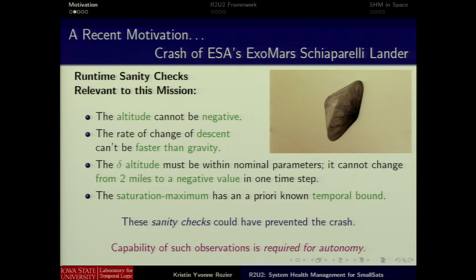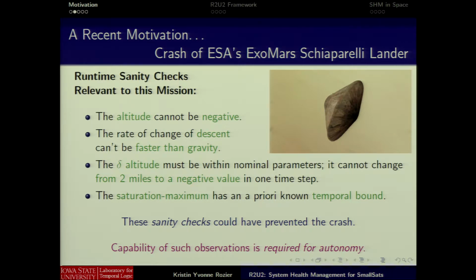Relatedly, we can say also that the delta, or change in altitude, must be within some kind of nominal parameter. So you can't go from 2 miles above the planet's surface to underground in one time step. Again, it's highly probabilistically unlikely that someone suddenly invented a Star Trek-style transporter and transported your spacecraft underground. It's significantly more likely that instead you just have bad data, right?